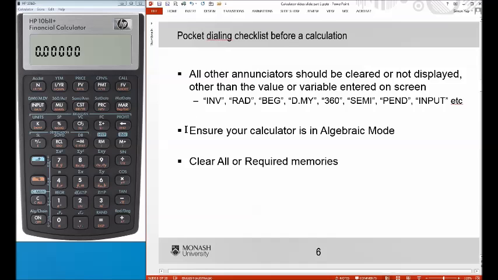Ensure your calculator is in algebraic mode. Please recall how to check whether the calculator is in algebraic or chain mode. Lastly, before a new calculation, it is also very important to clear all or required memories, which we are going to talk about in the next slide.